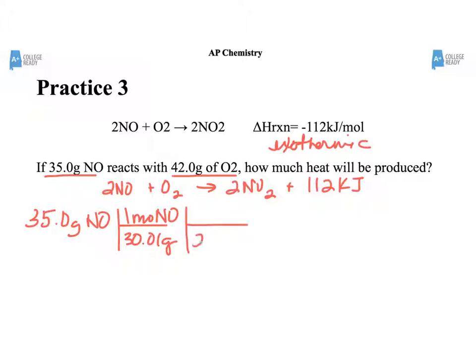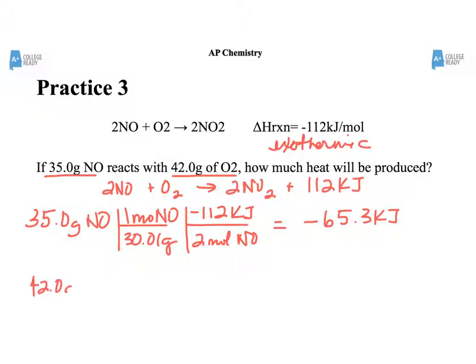And for every 2 moles of NO, we end up getting negative 112 kilojoules of heat. Calculate that out, negative 65.3 kilojoules.